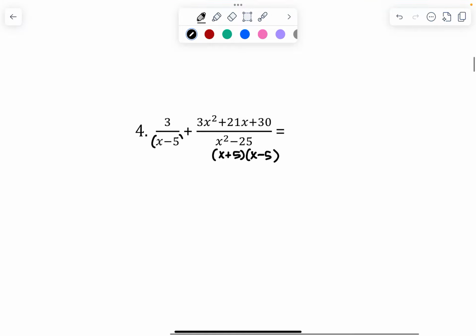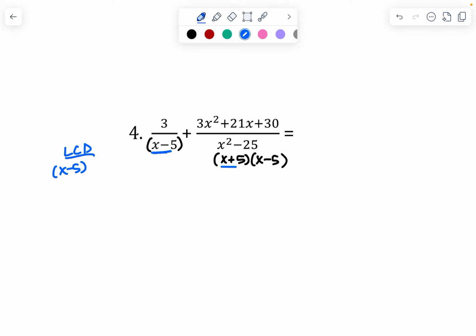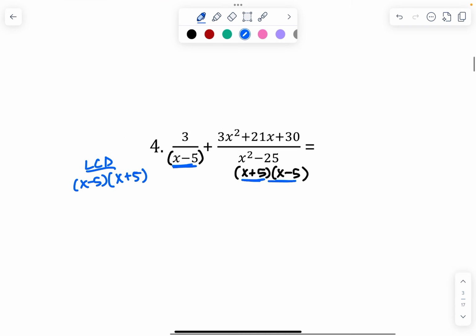And so these denominators already have a factor in common. And so once I have the x minus 5, that denominator is accounted for. We just need an x plus 5. And so my LCD here would be x plus 5, x minus 5. And this denominator would be divisible by this denominator and this denominator.